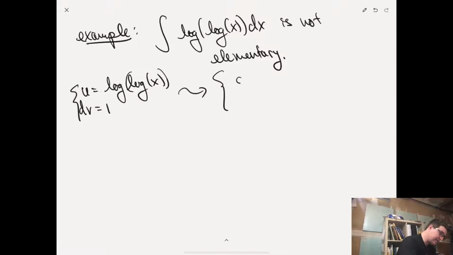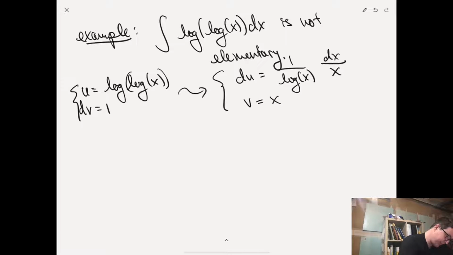This gives us that du is 1 over log of x, and then we do the chain rule, so then dx over x. And dv, so this means that v is equal to x.